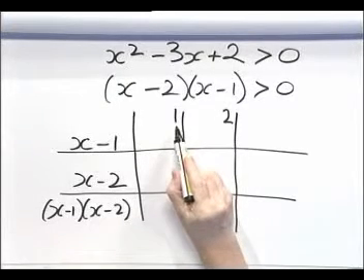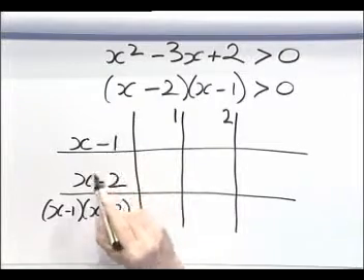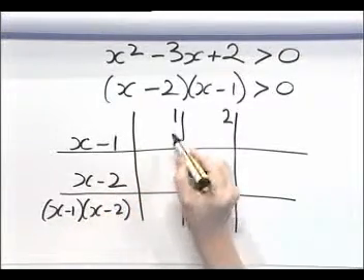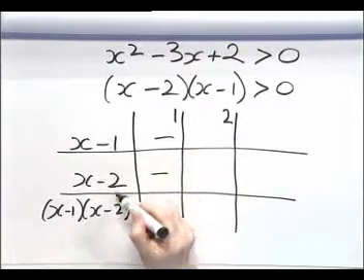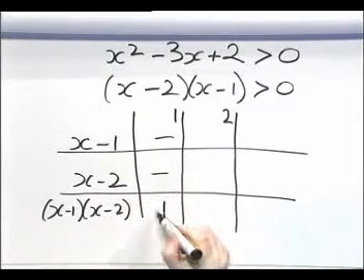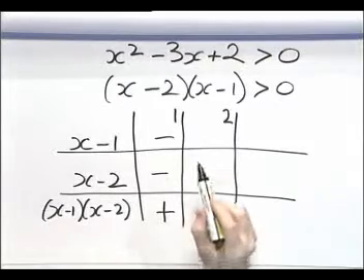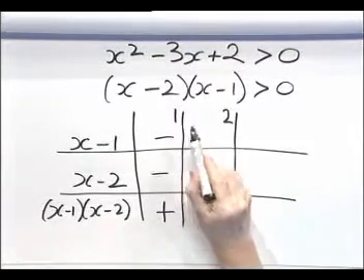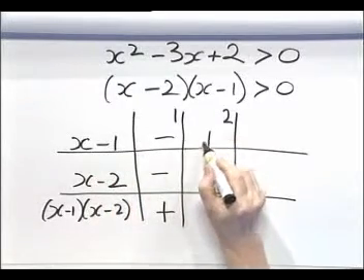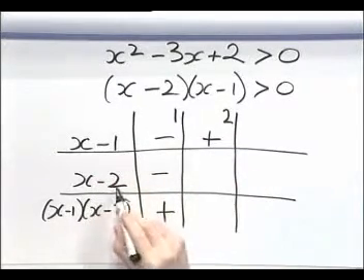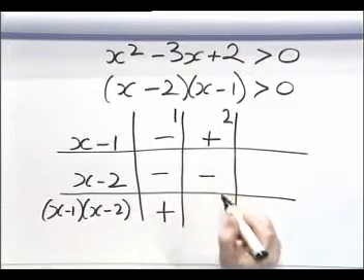Now, when x is less than 1, both x minus 1 and x minus 2 are going to be negative. So when you multiply them together, their product is going to be positive. When x is greater than 1 but less than 2, x minus 1 is going to be positive, but x minus 2 is going to be negative.